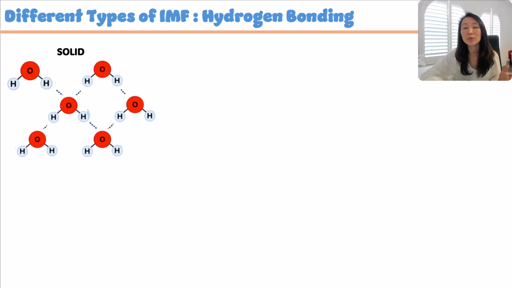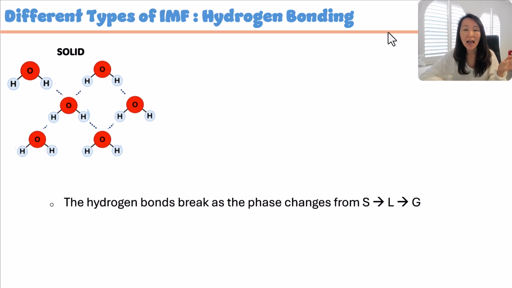Well, how does this relate to phase changes going from solid to liquid and gas? Well, the thing is, as they're making that transition from solid to liquid to gas, the hydrogen bond, the intermolecular force, breaks. Now, going from solid to liquid, this is when it starts melting, right?